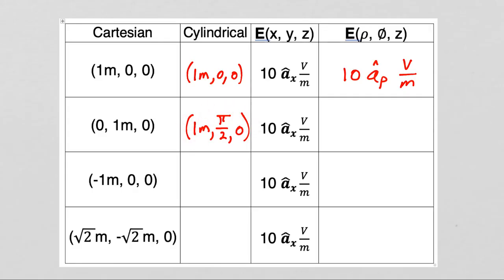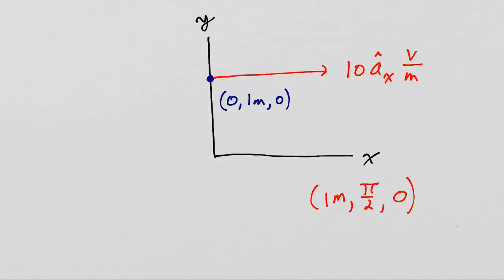So here's that point, and now we're going to find the representation of the vector using components in cylindrical coordinates. So at this point, here is a representation of our electric field intensity of 10 volts per meter in the x direction. Here are the unit vectors in the x and y directions. So this unit vector points in the direction of increasing x value, this unit vector in the direction of increasing y value.